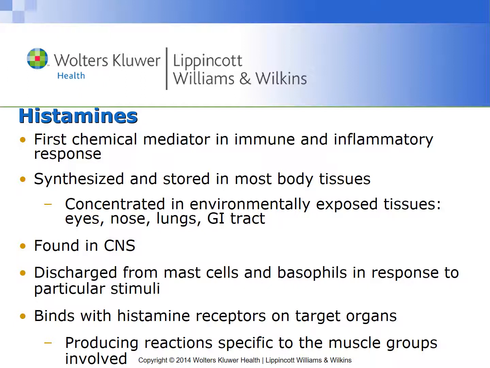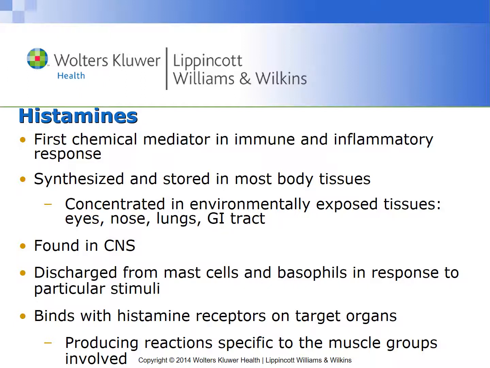It stimulates the vagus nerve endings to produce bronchoconstriction and cough, and it increases the permeability of the veins and capillaries, which allows the fluid to flow into that subcutaneous tissue, and that then forms the edema.